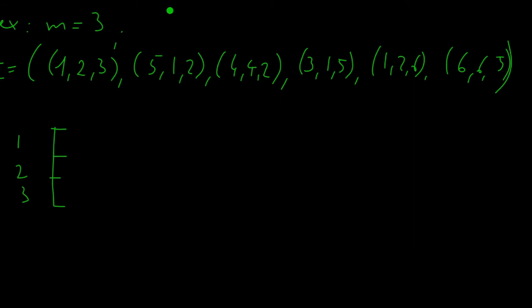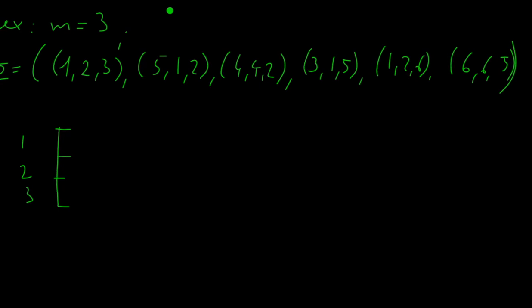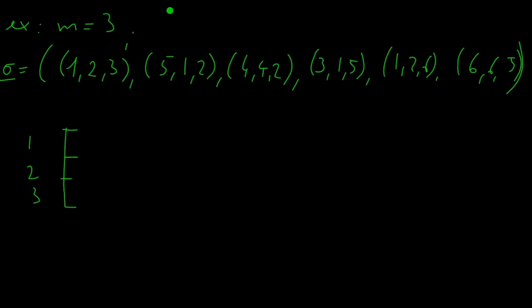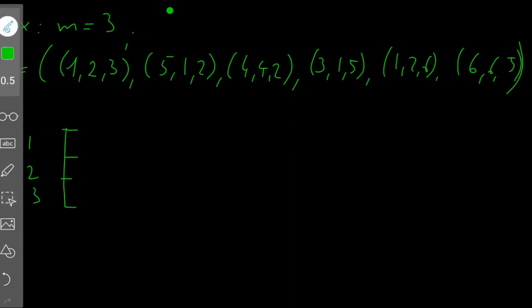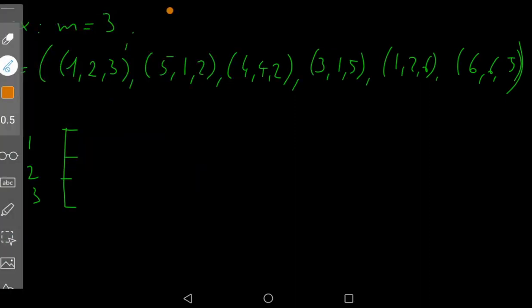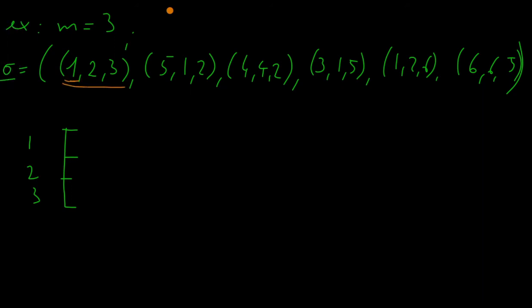So a greedy algorithm can be: we just assign a job to the machine on which it has the smallest processing cost. So it's possible that I will assign this job to the first machine because it can be completed on that machine the fastest. So I just take this here, 1, 2, 3.